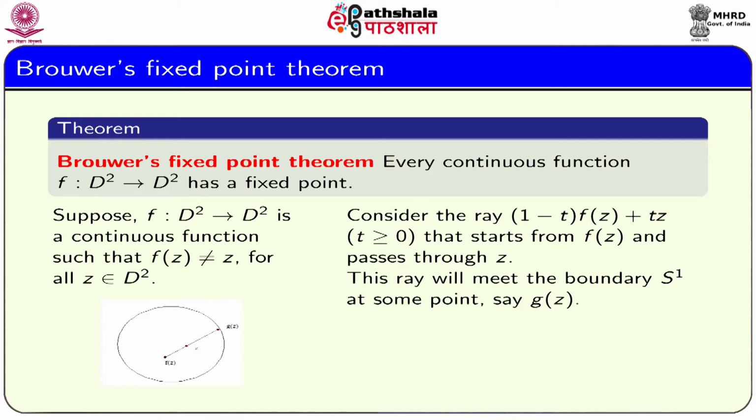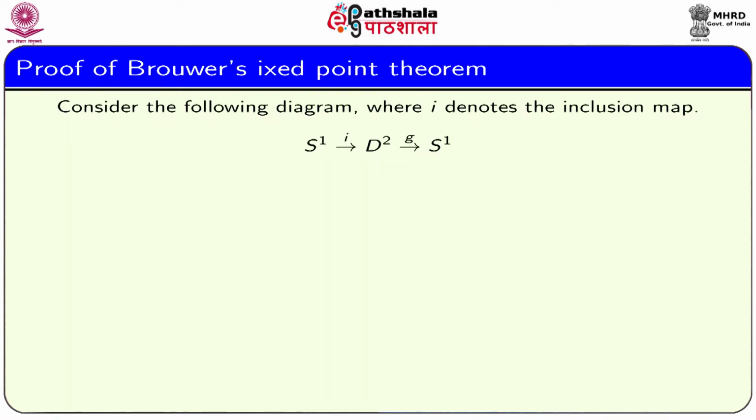Then we get a continuous function g from D2 to S1 given by z goes to g(z), such that g(z) equals z for all z belonging to S1. Consider the following diagram where i denotes the inclusion map. So, i is a map from S1 to D2, g is a continuous function from D2 to S1.